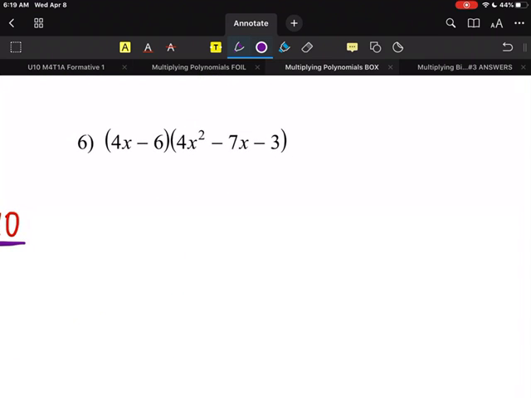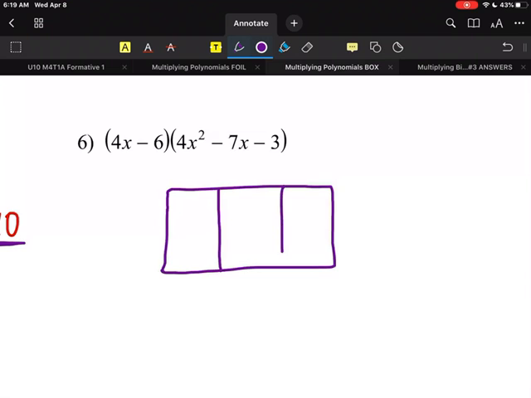I will do this one using the box method, but you'll get the same answer here. So I'm going to make a box. Since I have 3 terms here, I'm going to make 3 columns. Since I have 2 terms there, you make 2 rows. So you should have 6 boxes there.